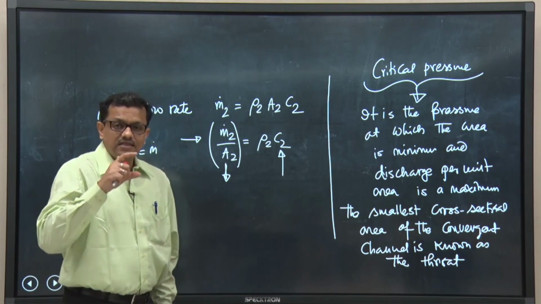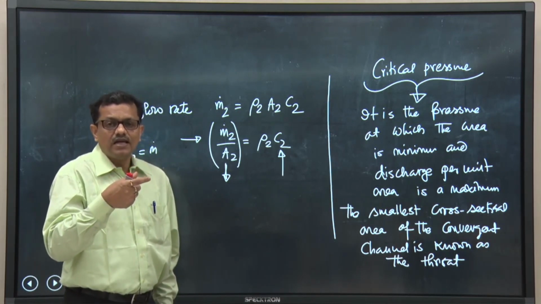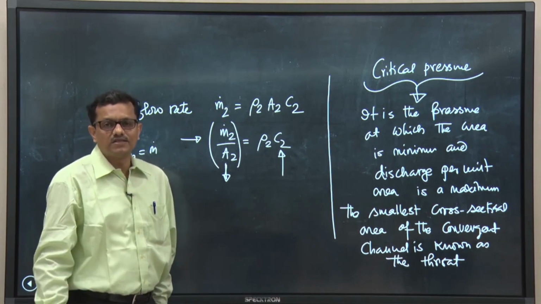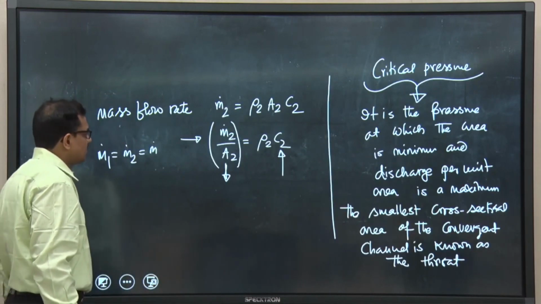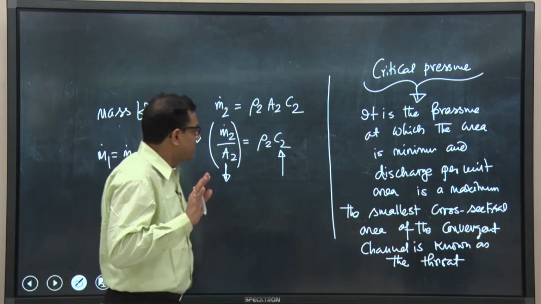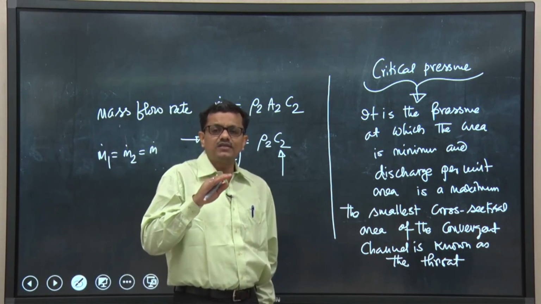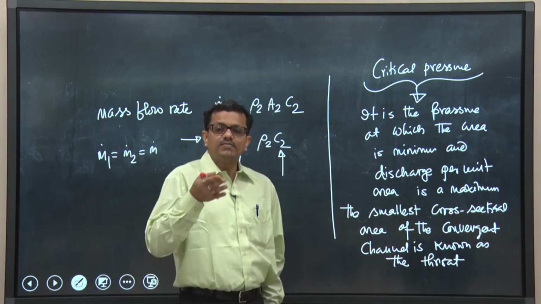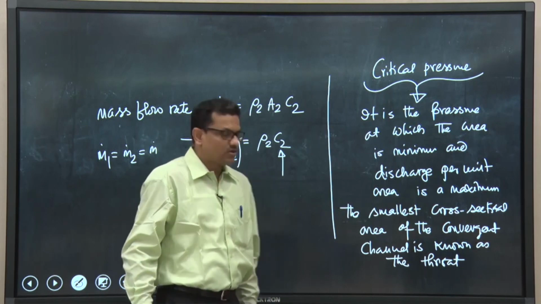That means this is the section where the pressure is the critical pressure, area is minimum, and that is known as the throat of the convergent channel or nozzle. Okay. So, this is very important. You should keep in mind that critical pressure is the pressure at which area is minimum, and that minimum area of that particular convergent channel is known as the throat.